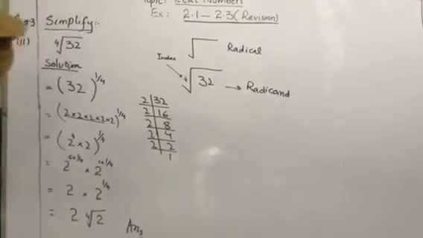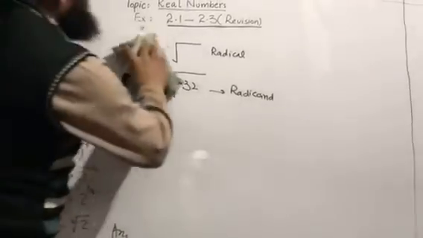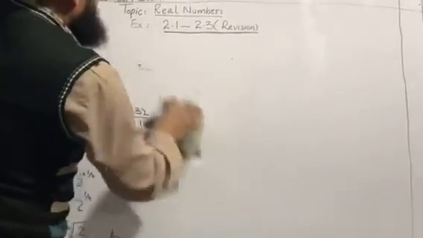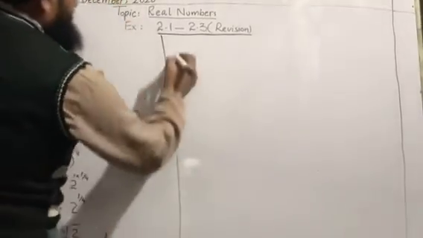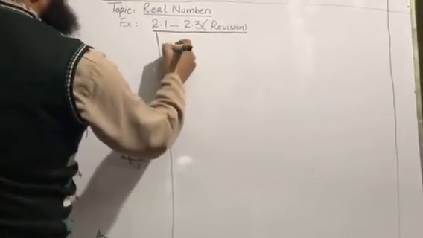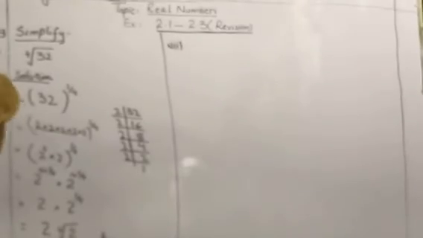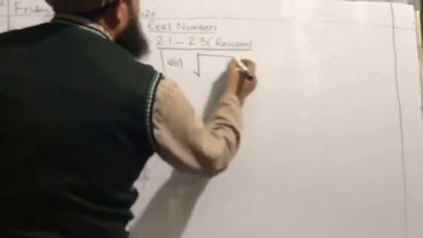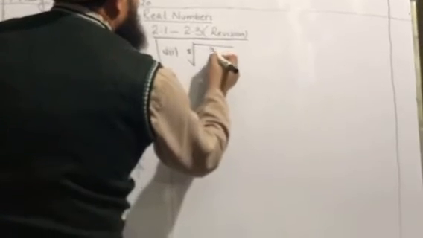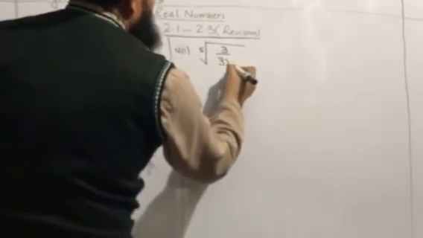Now we are going to solve the third part, which is the fifth root of 3 by 32.